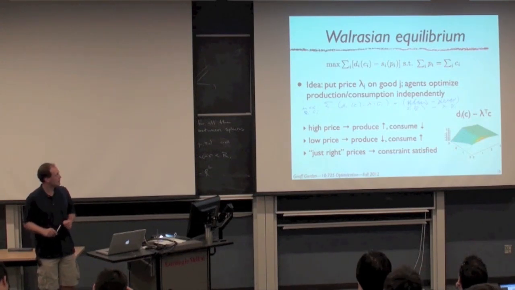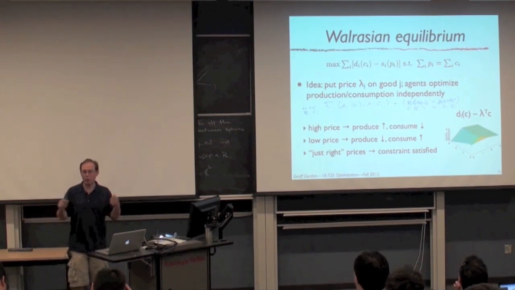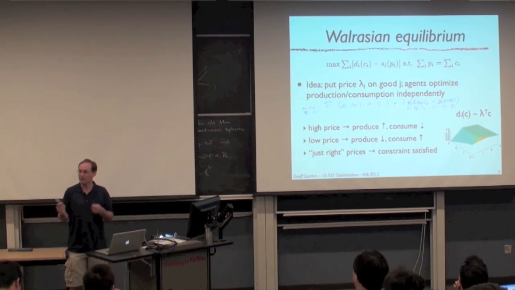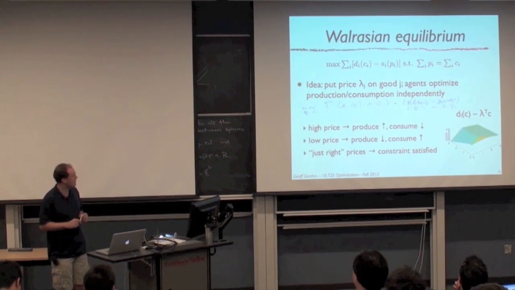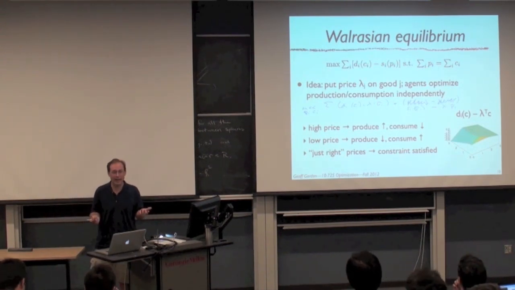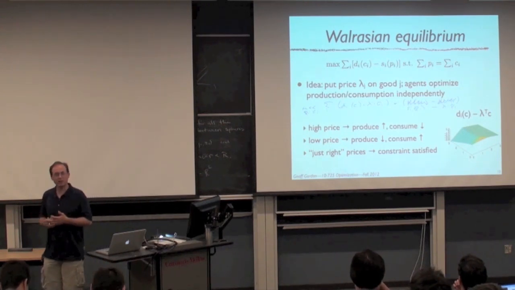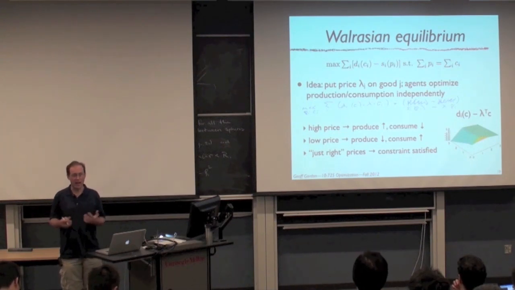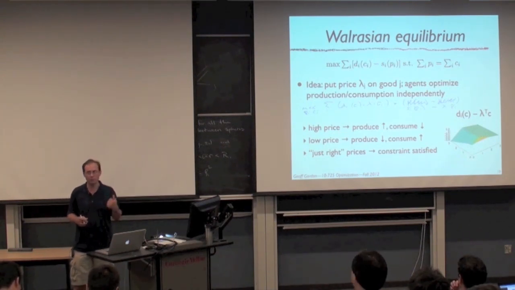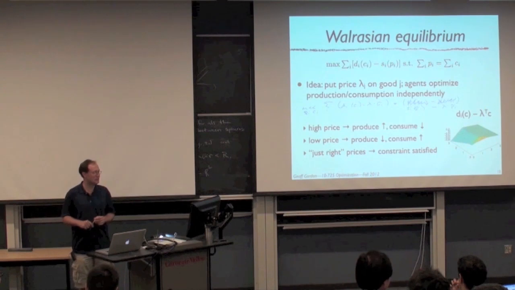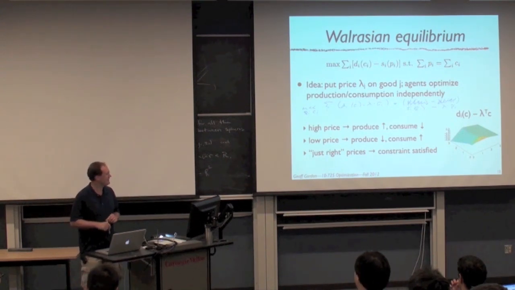All right. So you could imagine that if I set the prices right, then it might just happen that supply and demand are matched, that production and consumption are matched. And supposing that I could find that magic vector of lambdas, that's called a Walrasian equilibrium, after this French economist from a couple of centuries ago with the unfortunate name of Leon Walras. Not related to, you know, Auguste Dolphin or something.